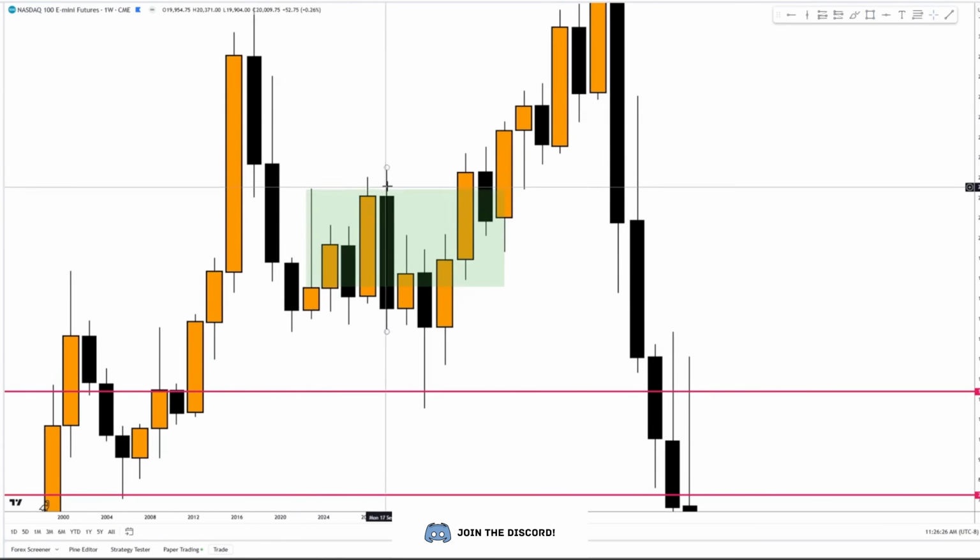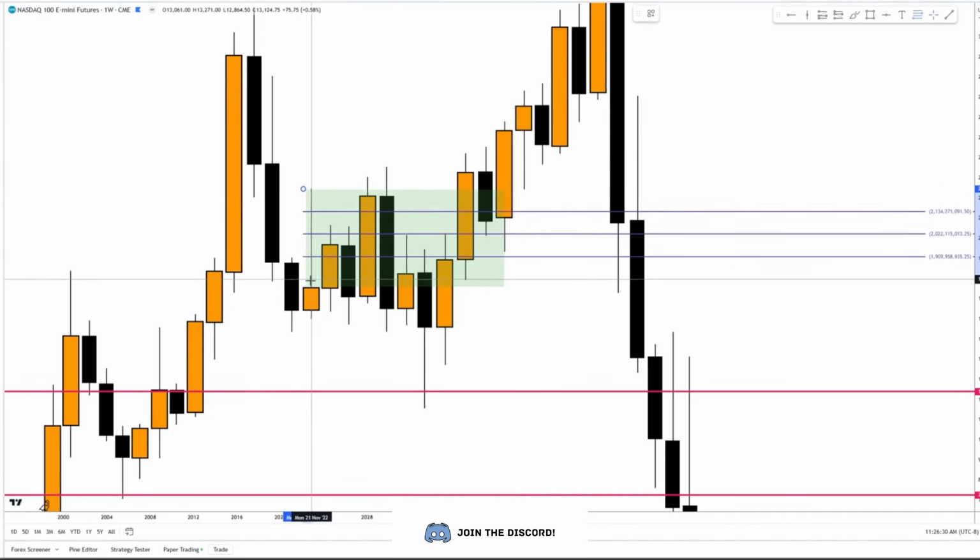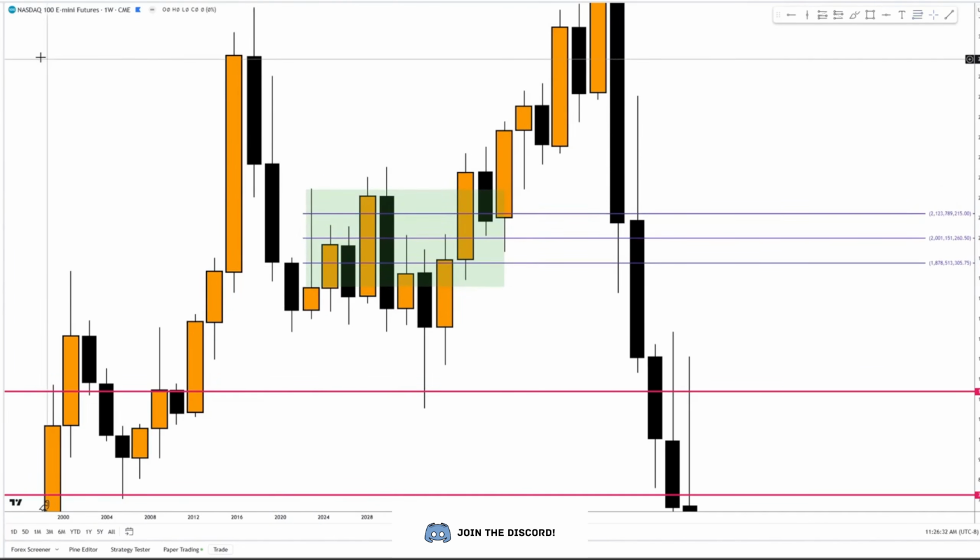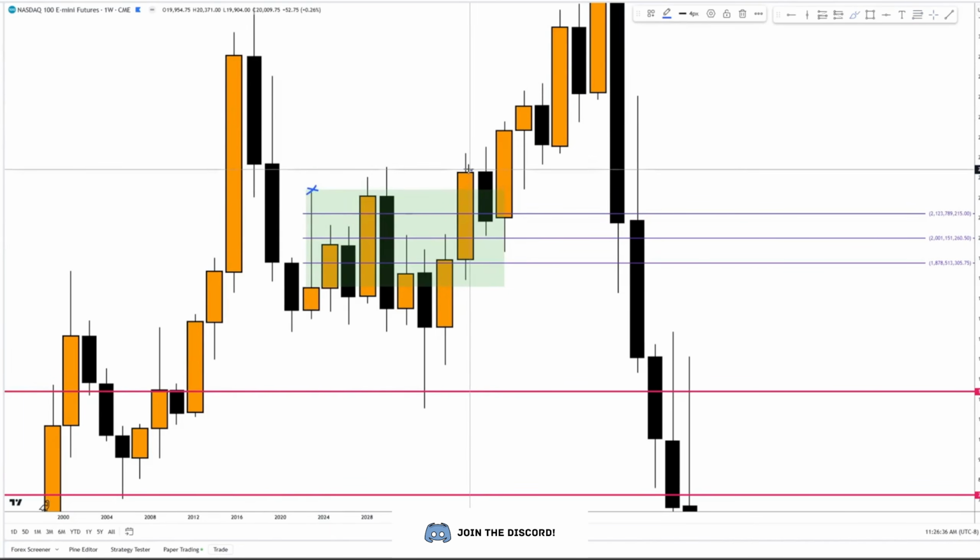So in this particular example, the second we close above this, what can this be used as? Inversion. And you see how price, we close above the wick here, we close above it, we trade back down into the midpoint, and price rallies.